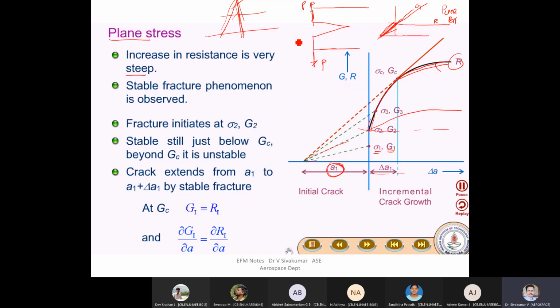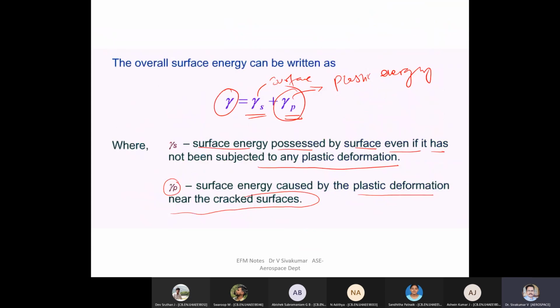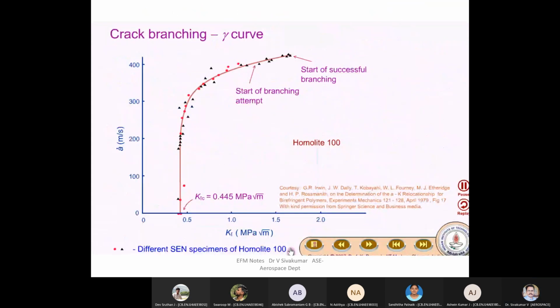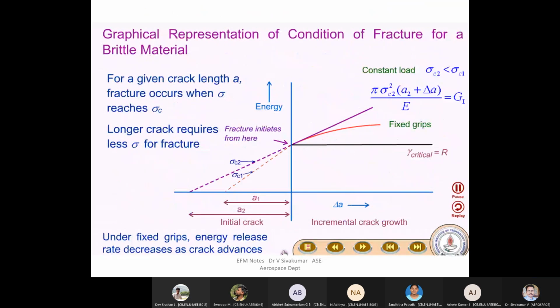But in the pure brittle material, it touches here anyway. Whatever sigma you increase, whatever crack length, for that particular P it touches here. I get a consistent value.